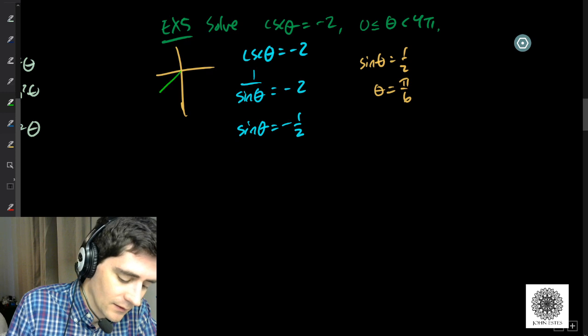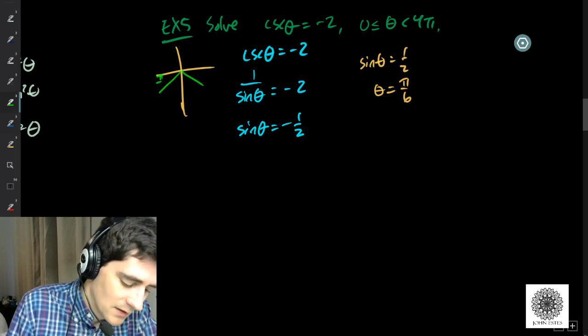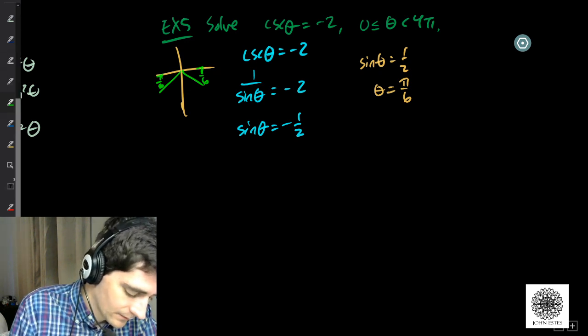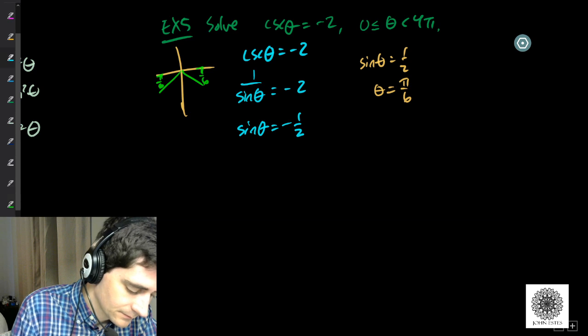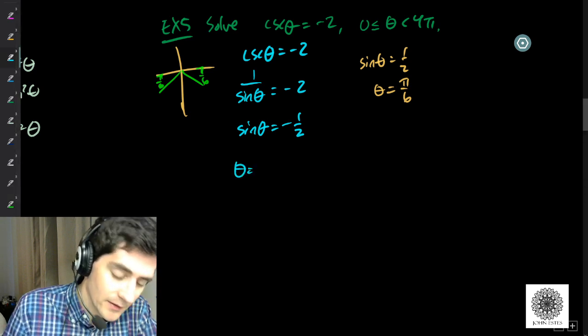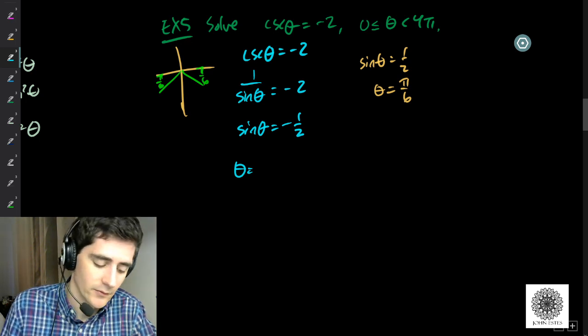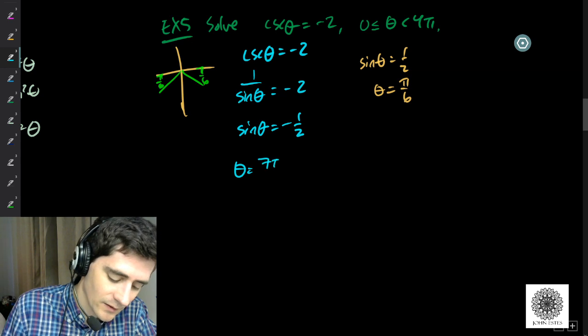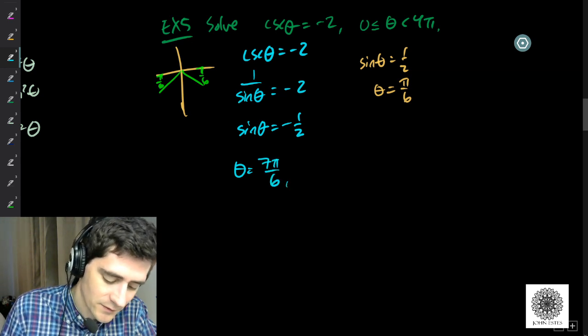So like this. Quadrant 3, here I'm at pi over 6. Quadrant 4, here I'm at pi over 6. So in quadrant 3, that would be pi plus pi over 6, which is, let's see, 6 pi over 6 plus pi over 6, 7 pi over 6. So there's my quadrant 3 angle.